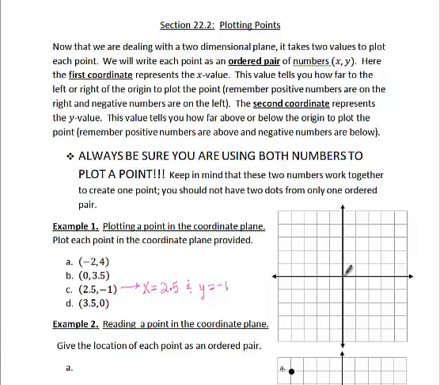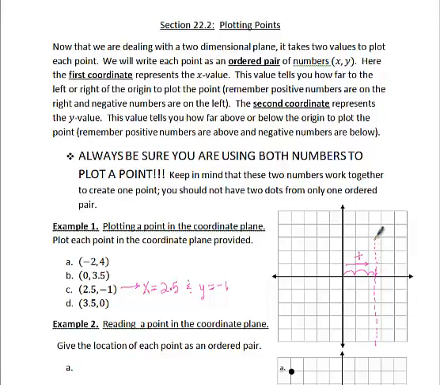So we start here at the origin, and with the x coordinate coming first, that means that we go left or right first, and since 2.5 is positive, I go to the right, and I have to go 1, 2, and then a half.